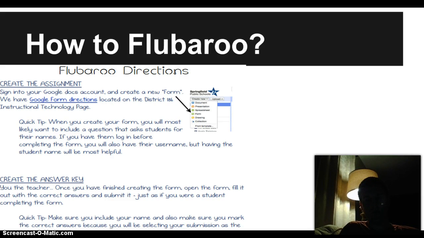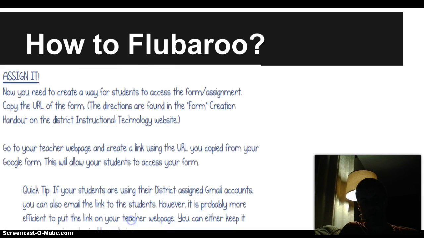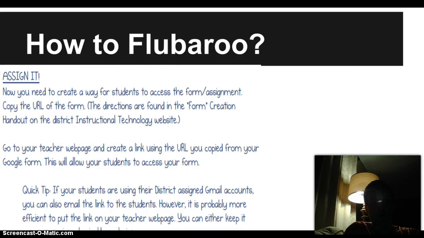You're going to want to make sure you include the correct answer when you're making the Google form, because once you initiate Flubaroo from the Google form page, it will ask you which test you want to be your answer key, and it will actually do all of its grading based on that.